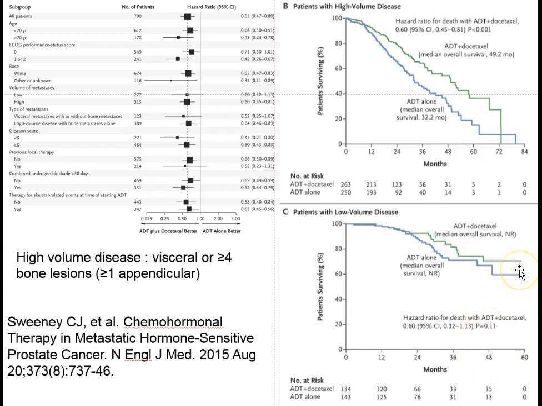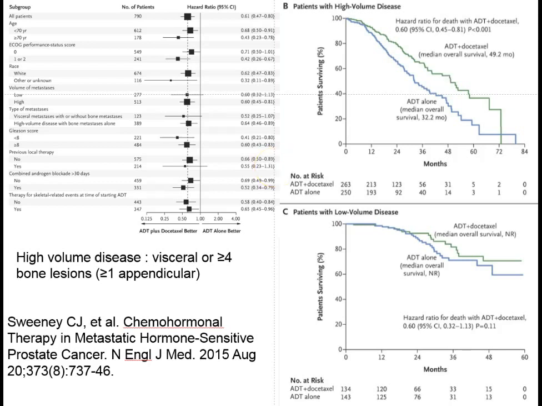Now it may be that these curves do separate over time, but it is certainly the case that low volume disease can be treated by ADT alone, whereas high volume disease should be treated now with a combination of ADT and docetaxel. Now, how was high volume disease defined?